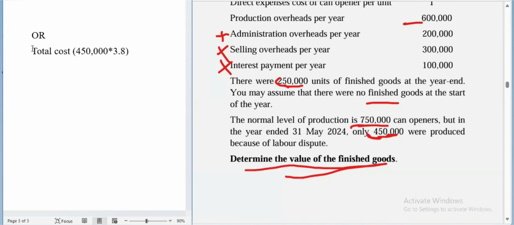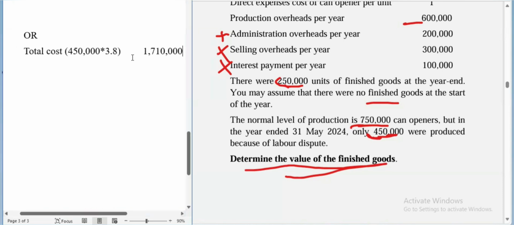If you multiply this, we want to get the total units produced before we deduct the units sold. So you get 1,710. This is the total cost of the 450 units that were produced.